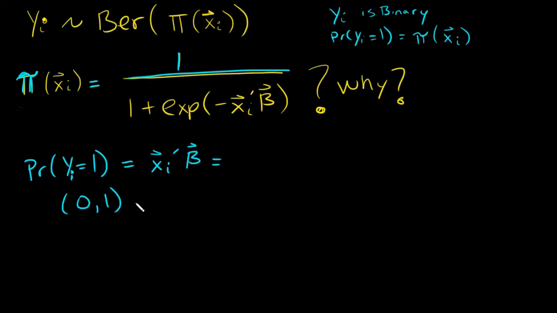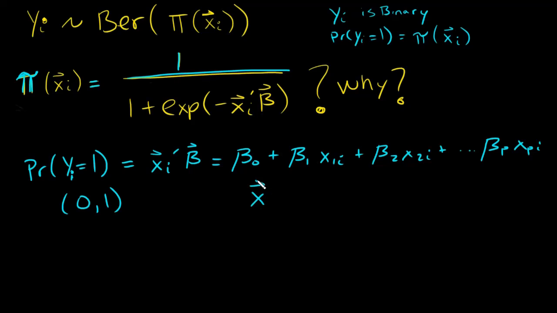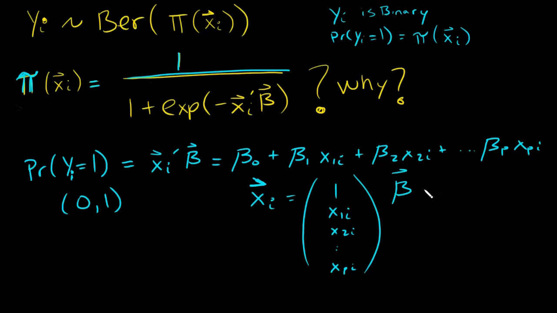This is basically the same thing as beta naught plus beta 1 times x1i plus beta 2 times x2i plus ... beta p times xpi. The little arrow means I'm using a vector, which is 1, x1i, x2i, through xpi, and beta is beta naught, beta 1, beta 2, through beta p.